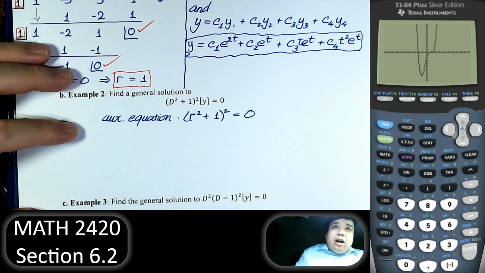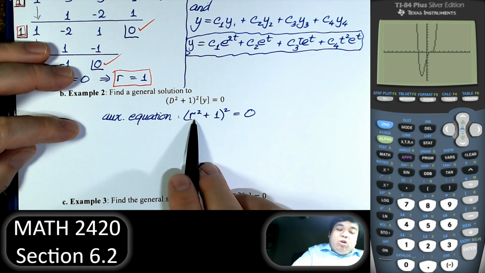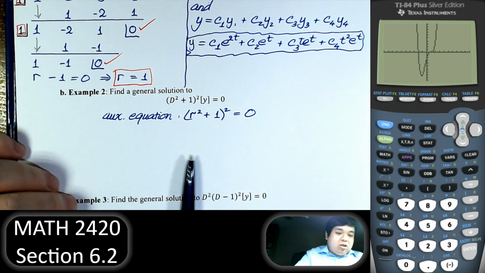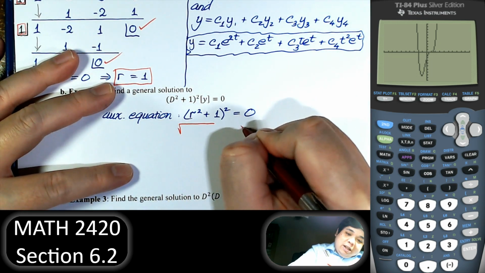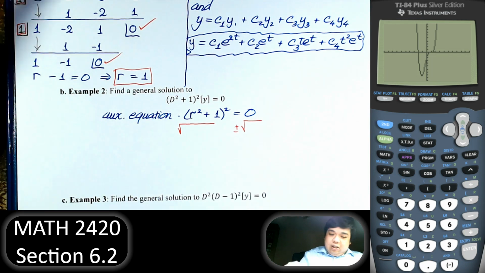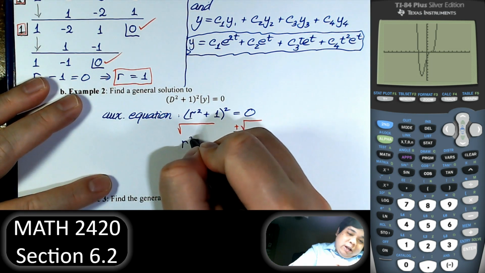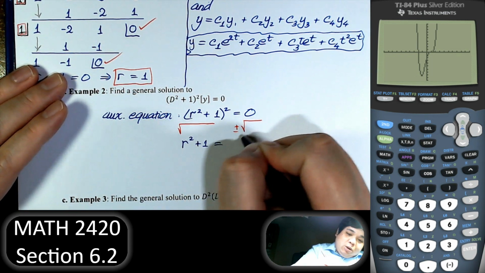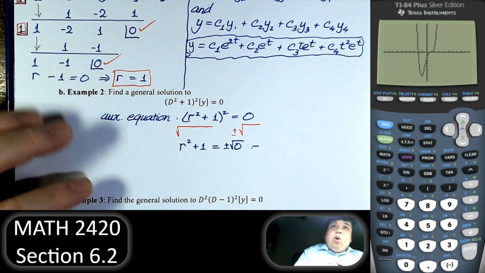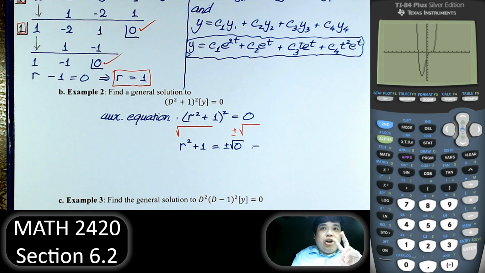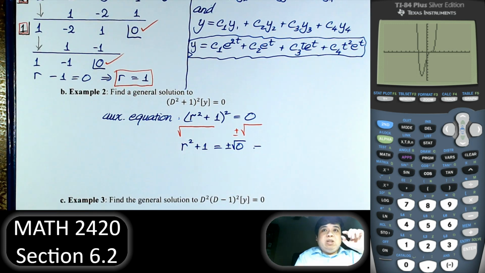Now, of course, from this one, if we need to solve for it, we take the square root on both sides. When we do that, there's a plus or minus here. So I have r squared plus 1 equal to plus or minus... notice that there's a plus or minus, so this is the double root. There's two. One of them is plus square root of 0, one of them is minus square root of 0.